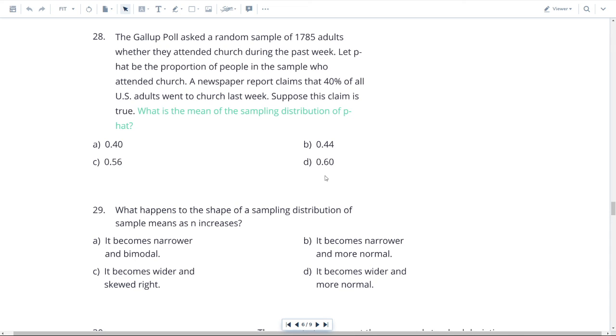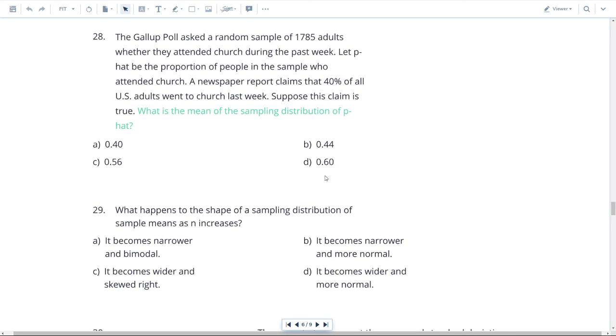Let p hat be the proportion of people in the sample who attended church. A newspaper report claims that 40% of all U.S. adults went to church last week. Suppose this claim is true. What is the mean of the sampling distribution of p hat? Now, just to specify a couple things.